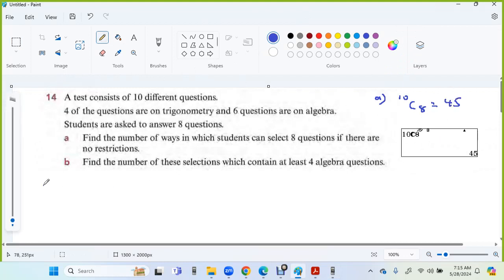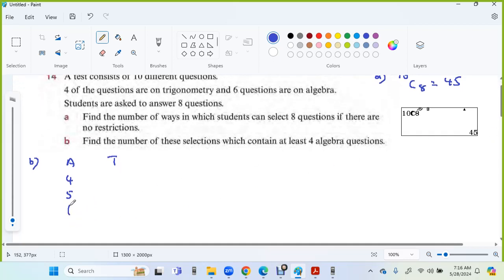And then B, find the number of these selections which consist of at least 4 algebraic. So we have the algebraic and the trigo. So at least 4. So 4, 5, 6, 7, 8. Okay.